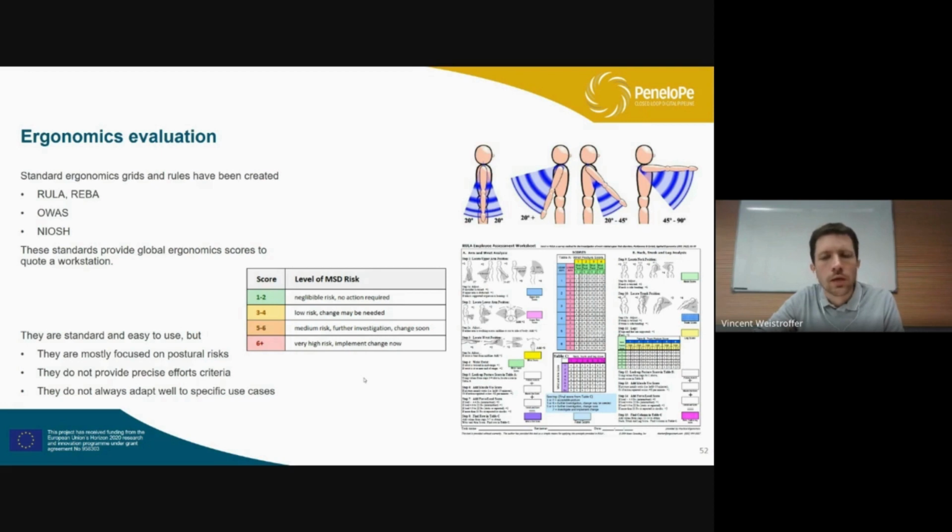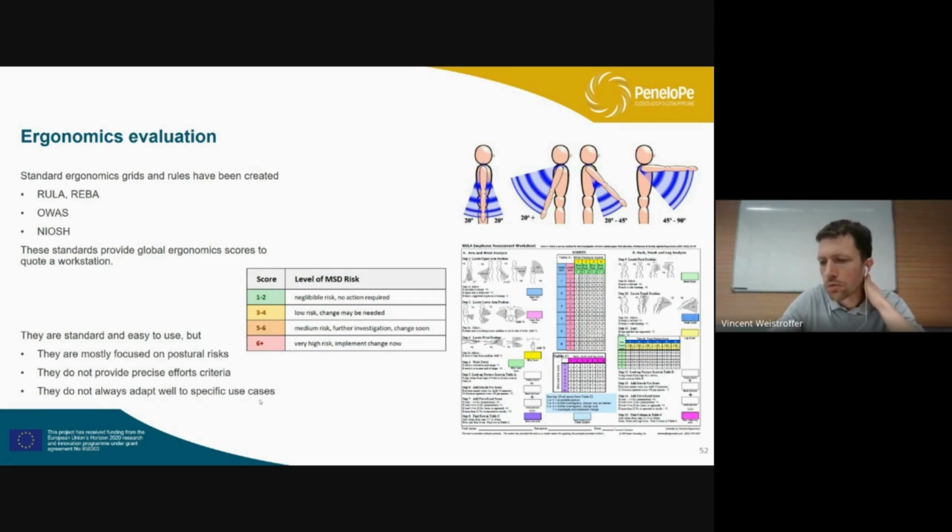These standards are really easy to use and to implement, but they are mostly used for postural risks. They do not really provide precise effort criteria, and they do not always adapt well to specific use cases.